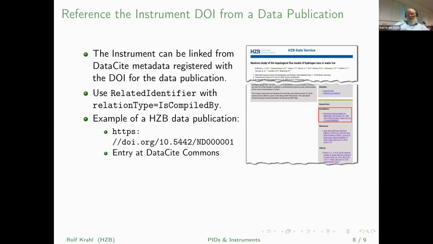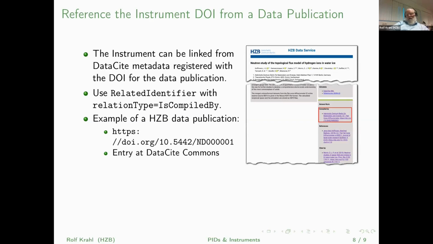And finally, I wanted to show an example of how we can link datasets with those instruments. So here you see an example of a dataset publication landing page. And you can link the instrument from the DataCite metadata that is registered with that data publication.